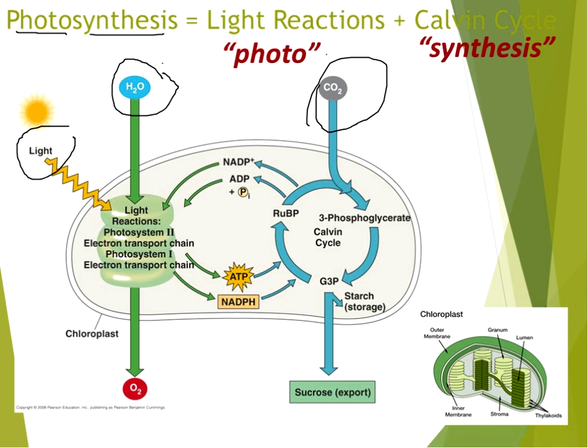So the carbon dioxide comes into place, and this is where the organic carbon and oxygen come from in order to form our food product. There's actually going to be a necessity of 3 carbon dioxide molecules to enter into the Calvin cycle.